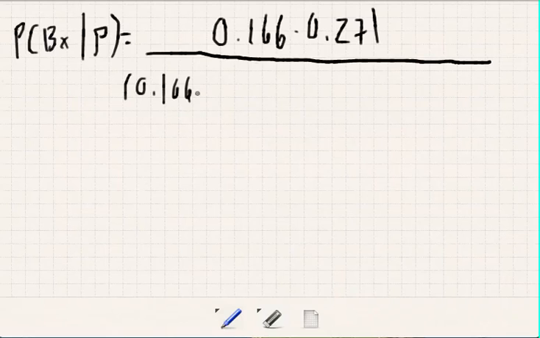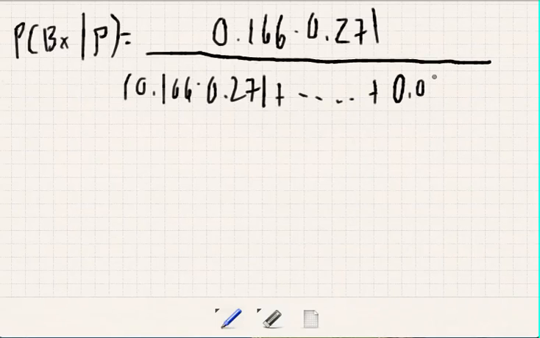Now I'm not going to write them all out, but all the way on down to the one for Staten Island, which is 0.059, the percent of New York's population, times 0.098, which is the percentage of the population of Staten Island that lives in poverty.